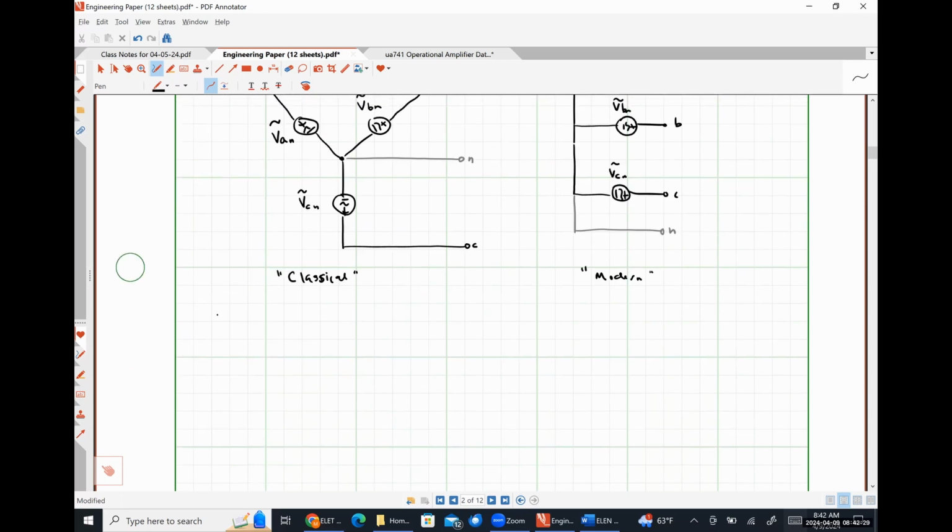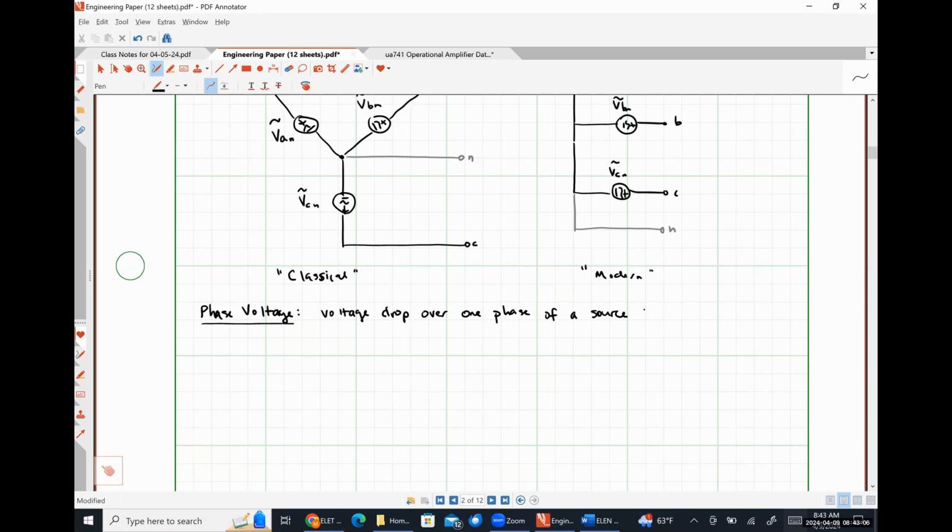The first terminology that we're going to introduce is one that I've already accidentally used, and that is a phase voltage. A phase voltage is defined to be the voltage drop over one phase of a source or a load.